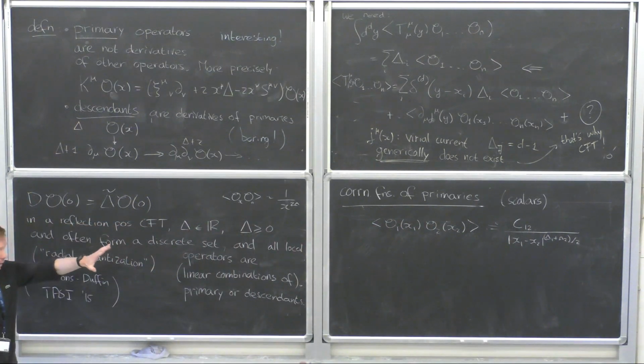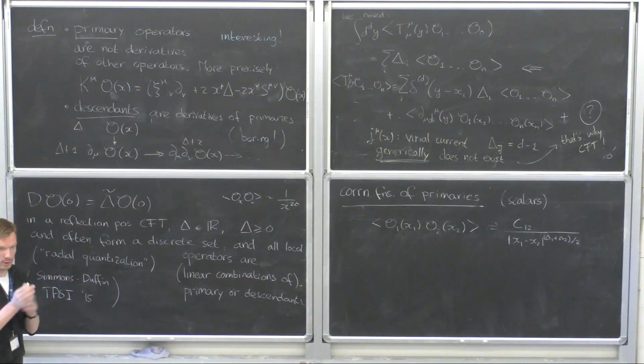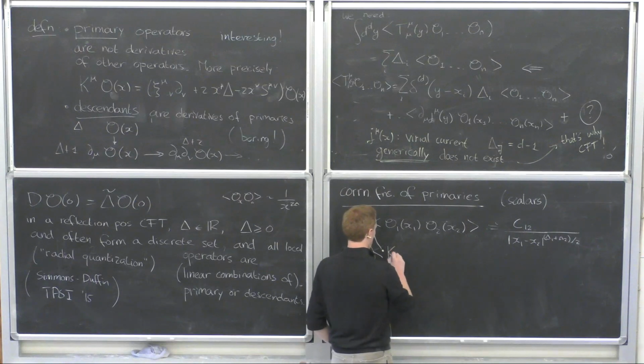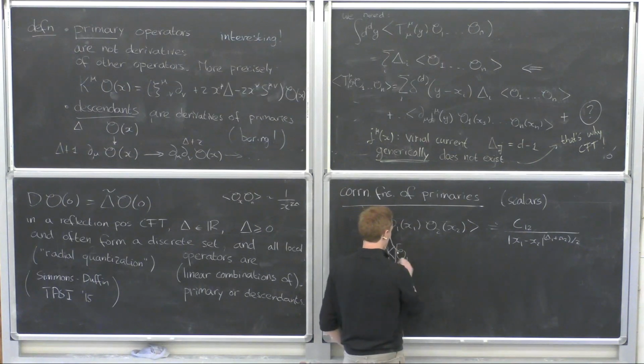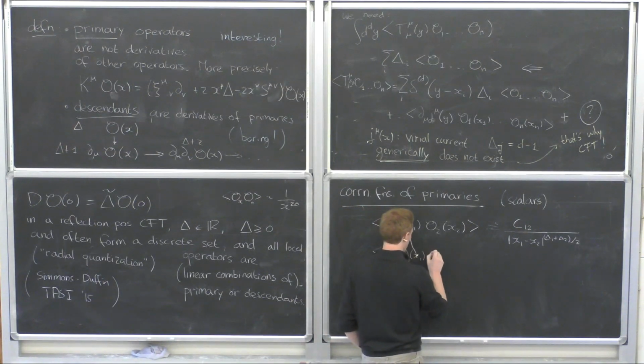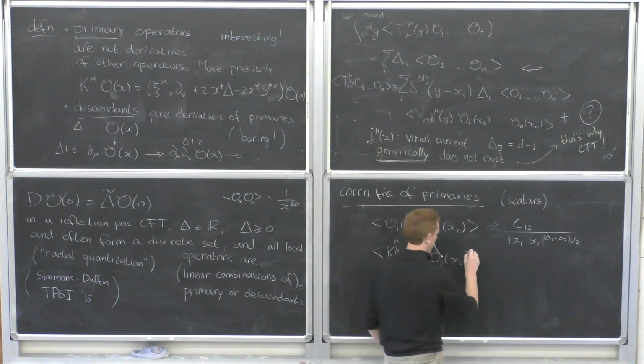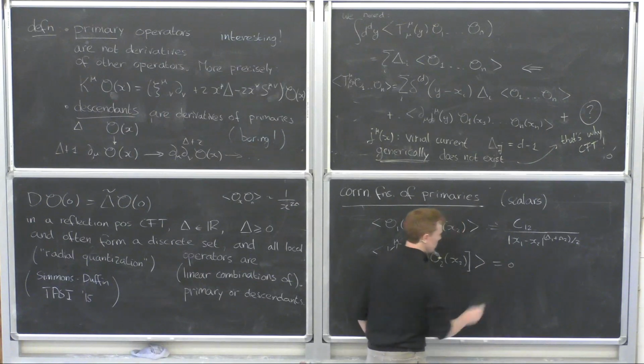So this takes care of rotations, translations, and scaling. But we also need K mu acting on O1 at x1 to be 0.